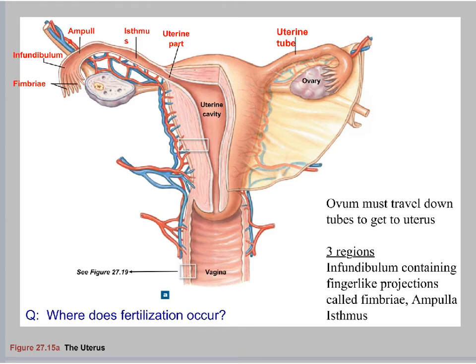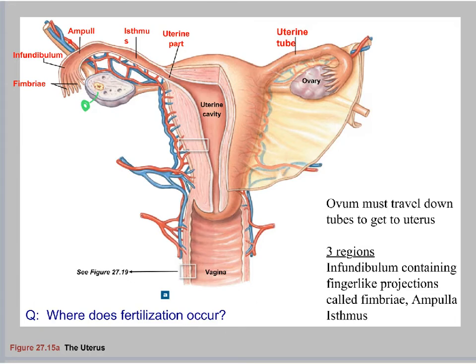Okay, we just left off on the ovaries, and we know that when an oocyte is ovulated, it leaves the ovary and ends up kind of free here in the peritoneal cavity. But that oocyte needs to be picked up or drawn into the next region of the female reproductive system.